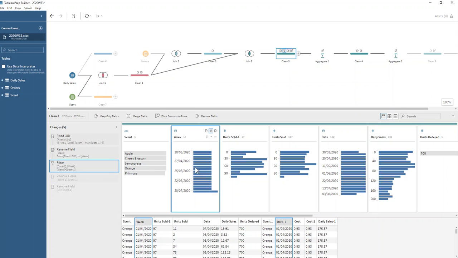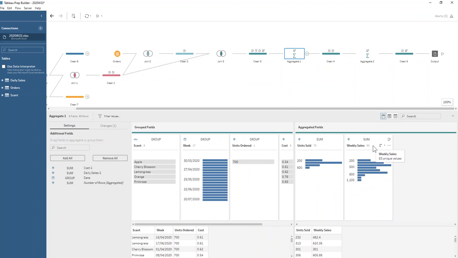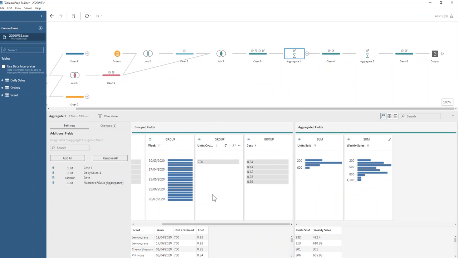We've named this the week, and that's all perfect for us. Now we can use an aggregate step to calculate our weekly sales. We're grouping by the cent and the week that we've calculated. We're grouping by the units ordered, because that will be useful, and we're grouping by the cost as well.